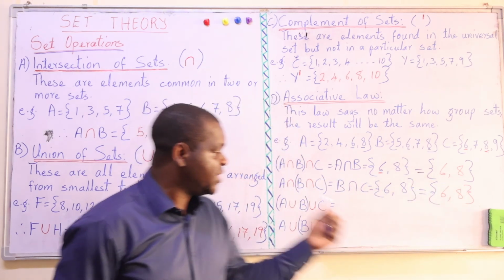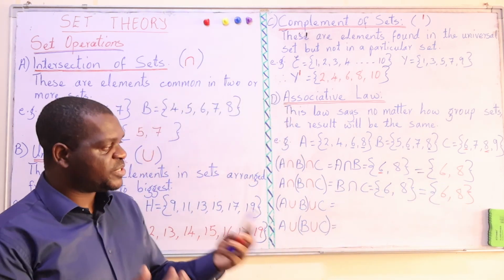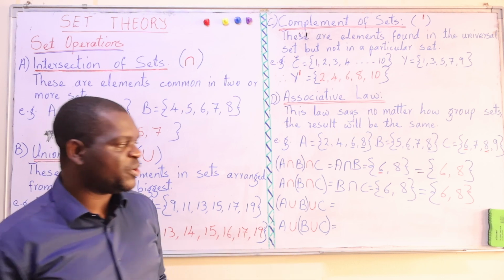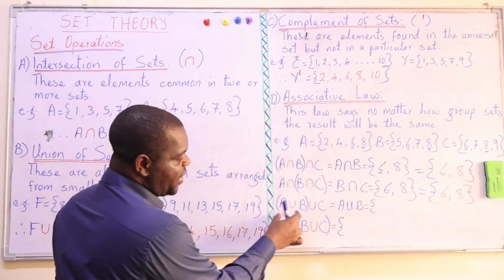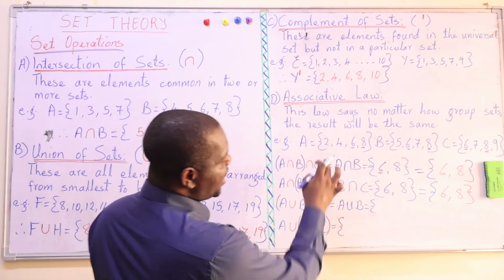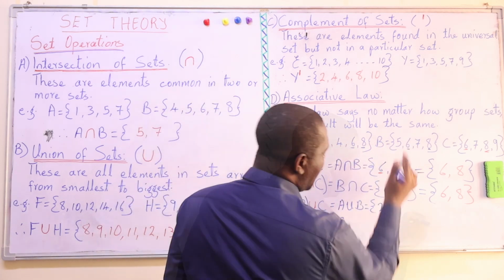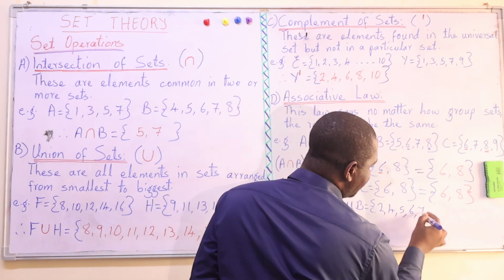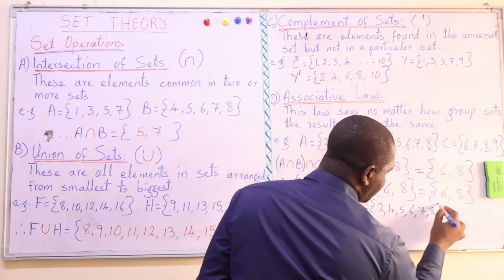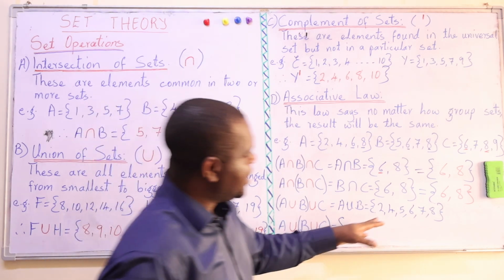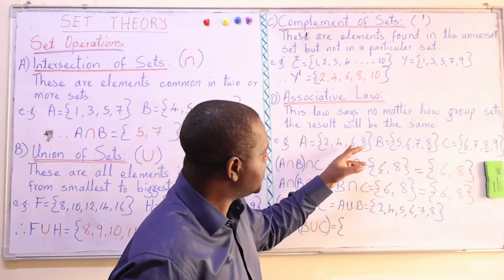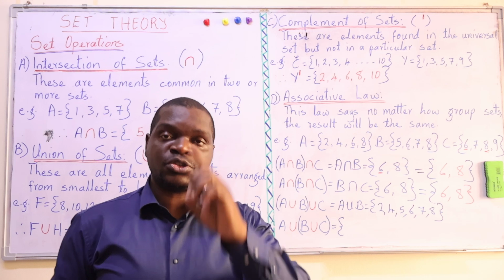This is for intersection. Let's do it for union to see if it's going to give us the same result as well. First, we start with A union B. All the elements in A and in B, starting with the least. You have 2, 4, 5, you have 6, you have 7, 8, and that is it. Take note that even though 6 repeats in A and in B, you write it just once.